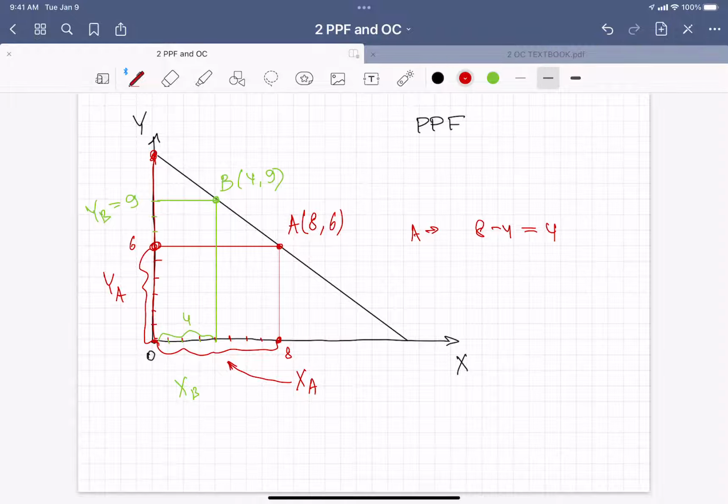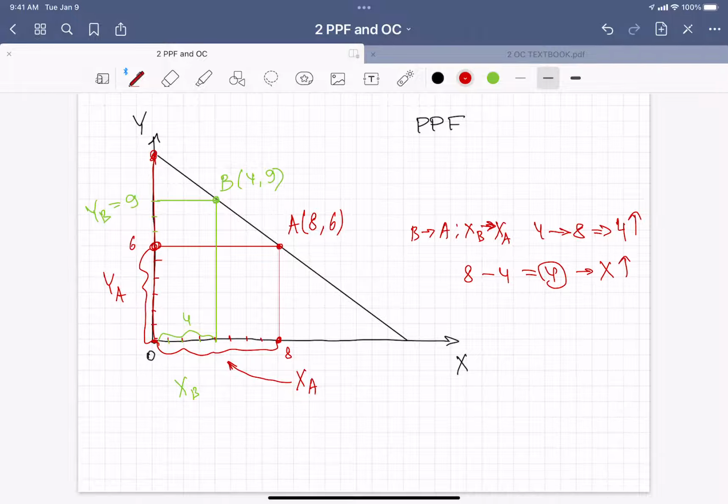We go from B to A, and that increases our output of good X from XB to XA, which means going from 4 to 8, and increasing your output of good X by 4. So another way to put it is to say that we're increasing our output from 4 to 8, and the difference is 4, and that's our increase in good X in this case.